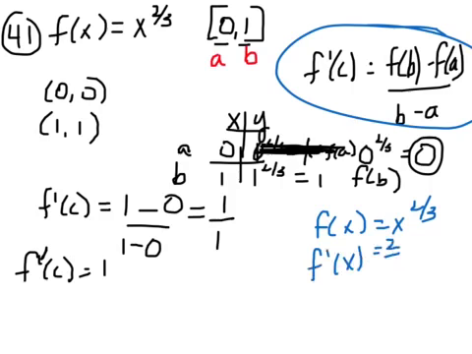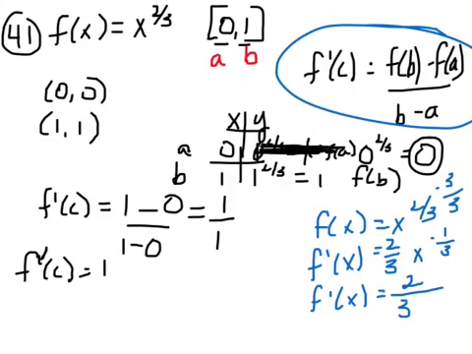Drop the 2/3 out front, write your x down, and then subtract 1. So 2 over 3 minus 3 over 3 is negative 1 over 3. So let's clean that up a little bit. Isn't that 2 over 3, and isn't x to the 1/3 power? The negative's going to move it to the bottom, but isn't that just the cube root of x?